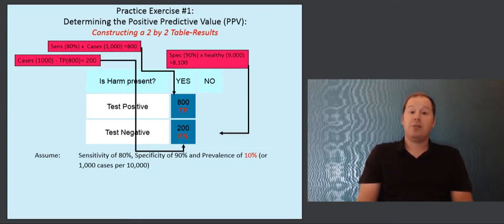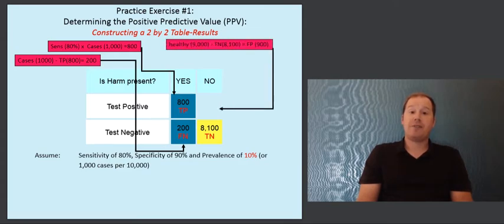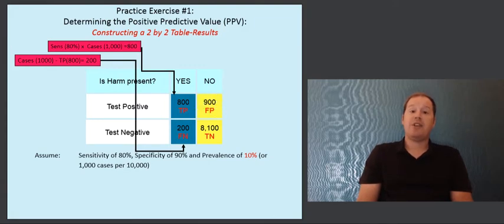We know 1,000 have the condition, 9,000 do not. That gives us 8,100 true negative results. And to get the false positives, we simply subtract the true negatives, 8,100, from the 9,000 healthy people, and we're left with 900 false positives.